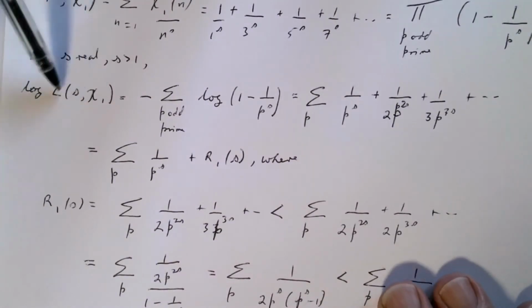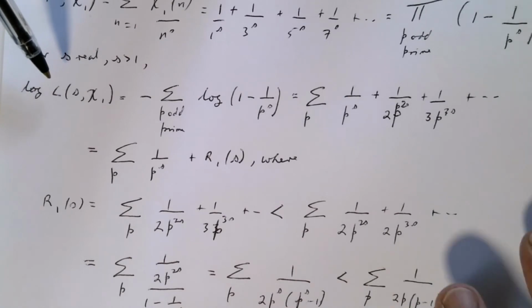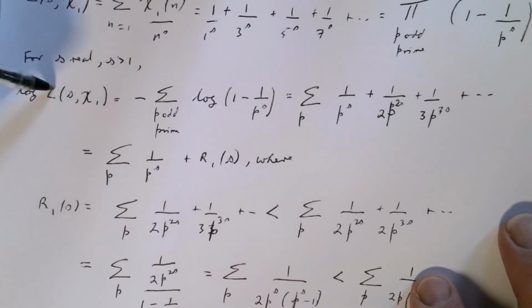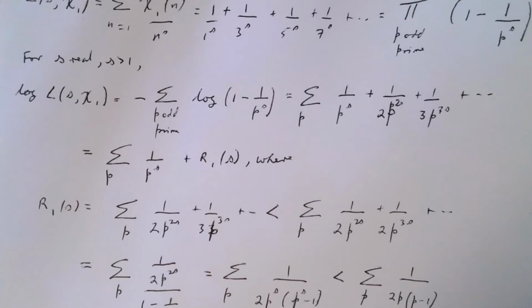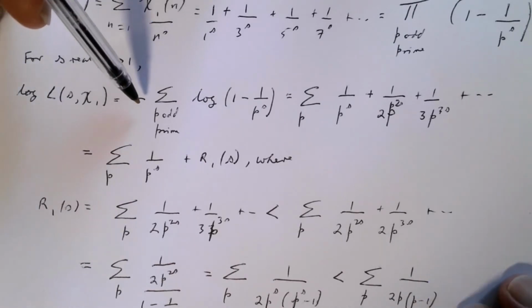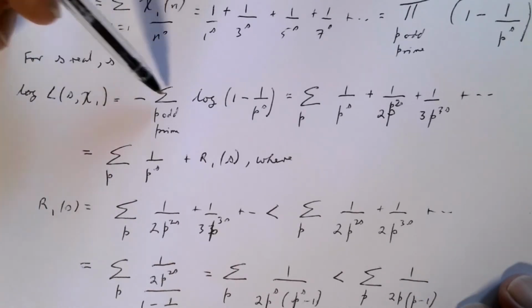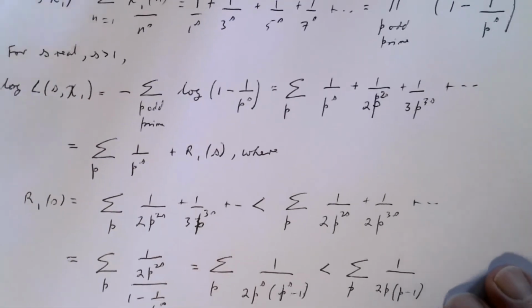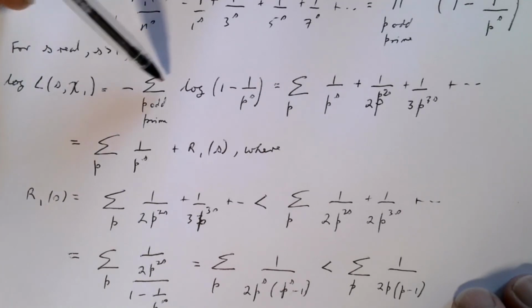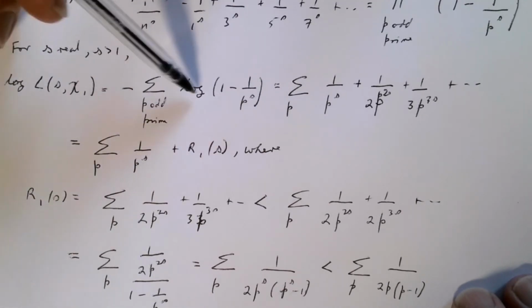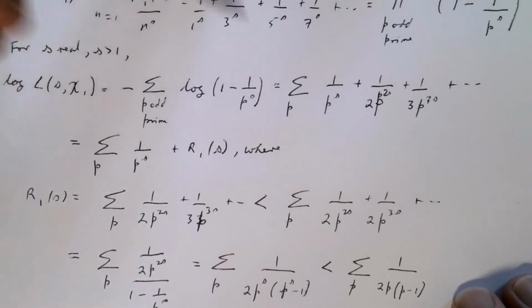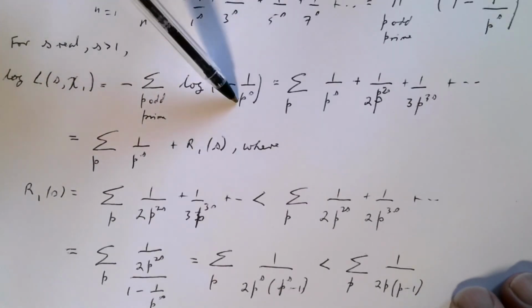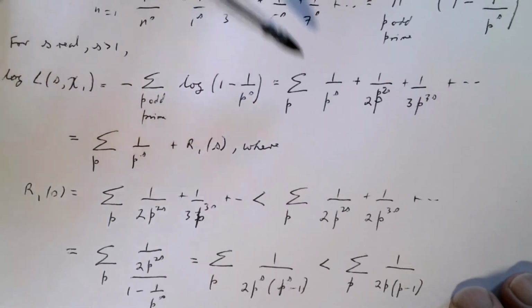You recall we did a similar sort of thing when we were proving the divergence of sigma 1 over p. So when we take the log, the minus comes out the front. I get a sum over the odd primes of log of 1 minus p to the minus s. And I simply use the Taylor series expansion of minus log of 1 minus x, and replace x with p to the minus s, and it looks like this. So I've just expanded the minus log of 1 minus 1 over p to the s as a Taylor series and written it in this way.